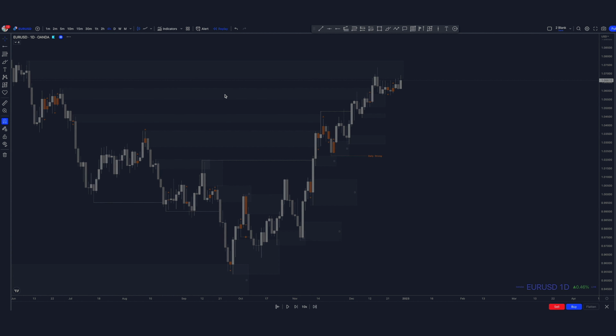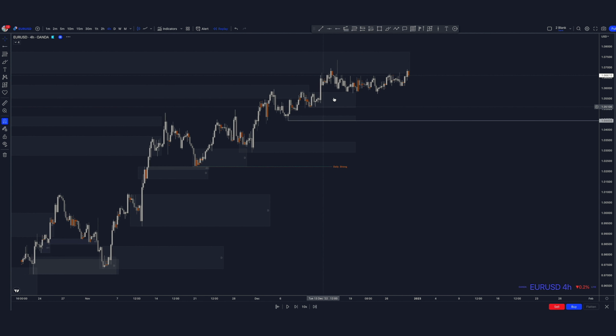Okay, let's go to the 4 hour. So it's kind of sideways. Yeah, you see, this was in December. We are in February now, so this was December, and I remember that it was kind of choppy that whole month.